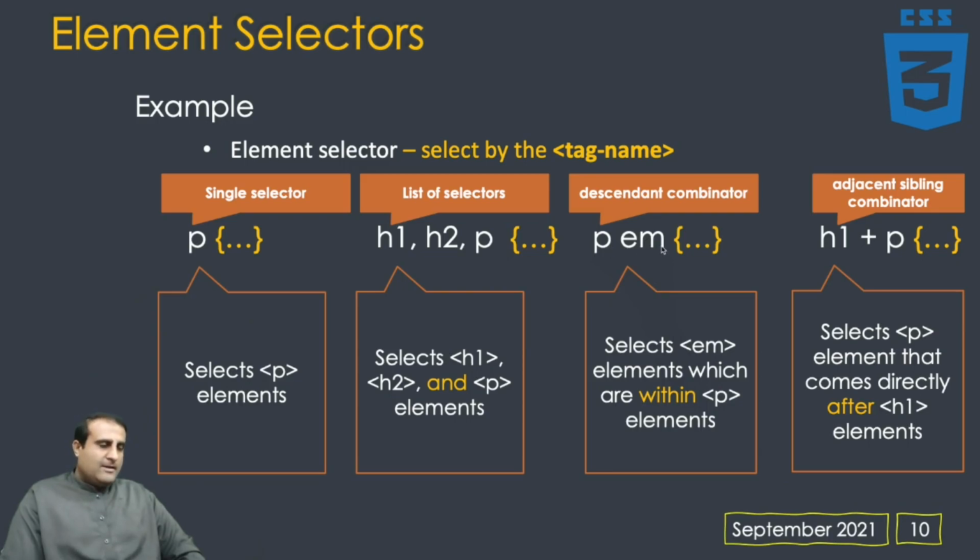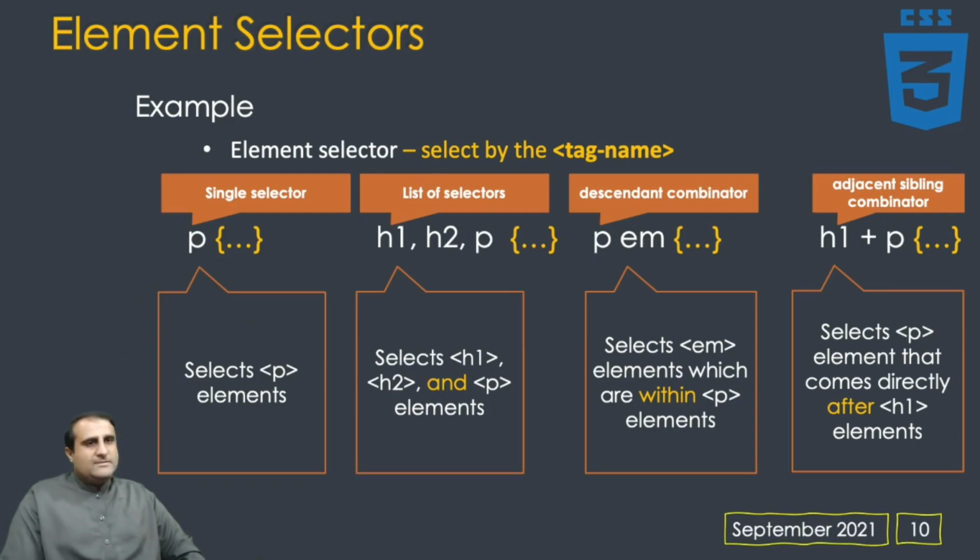We can have multiple descendant combinators. For example, we can apply the style to em which are inside strong, which are inside the p elements, something like this. And then we have the adjacent sibling combinator, which is indicated by the plus sign. Here we have h1 plus p.